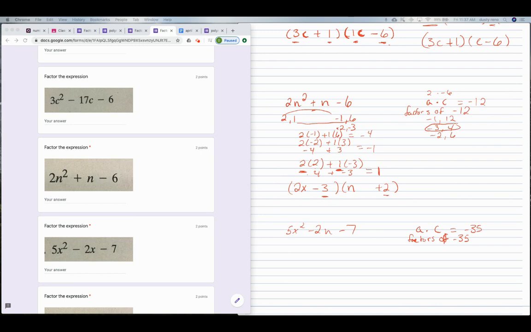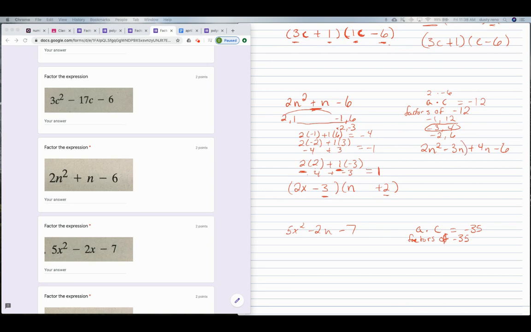That's the negative 3 and the 4. So you would break up that plus n into a negative 3n and 4n, and you get 2n squared minus 3n plus 4n minus 6. So the 3 and the 4 have replaced that positive 1n over here.